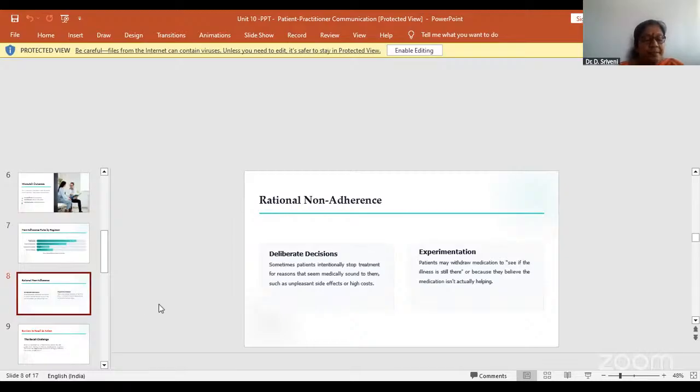So, defining adherence and non-adherence: in health psychology, the terms adherence and compliance describe the act of following medical advice. However, professionals prefer the term adherence because it implies a collaborative sticking to a plan, whereas compliance suggests a passive patient simply giving in to an authority figure.